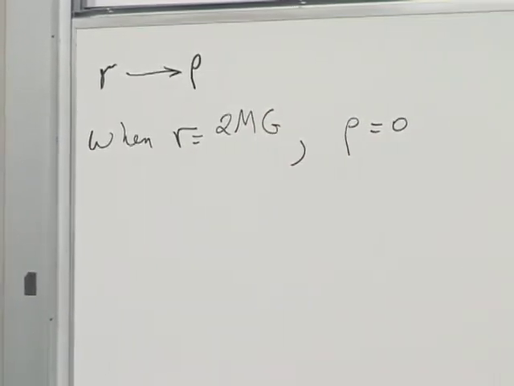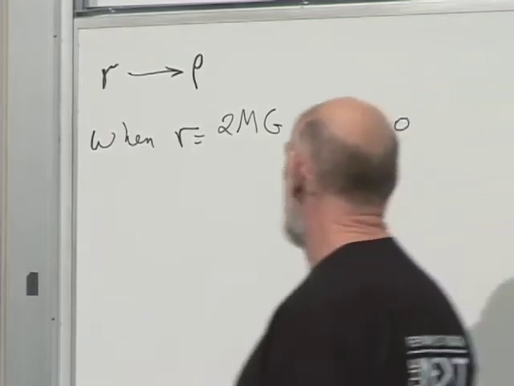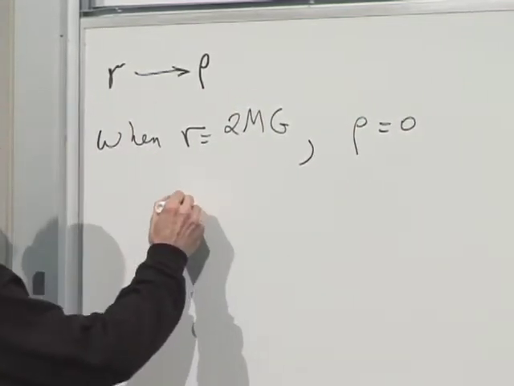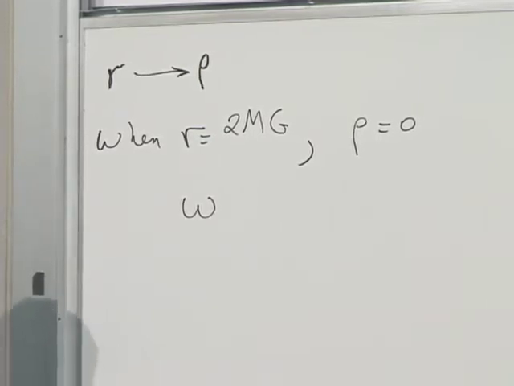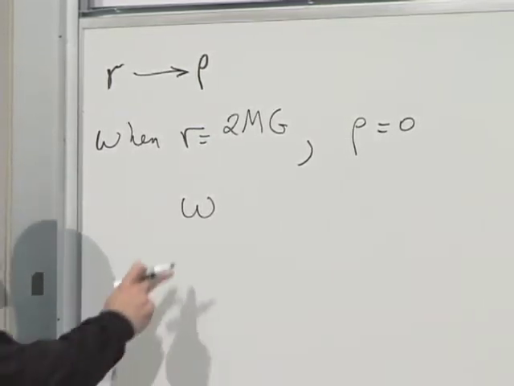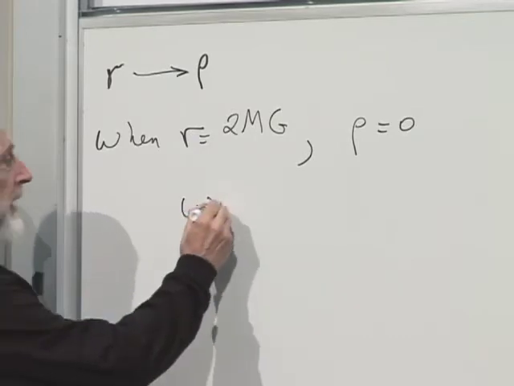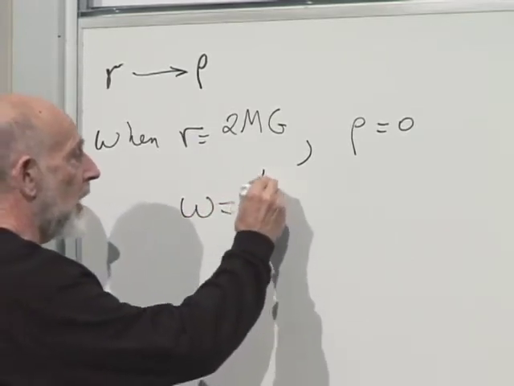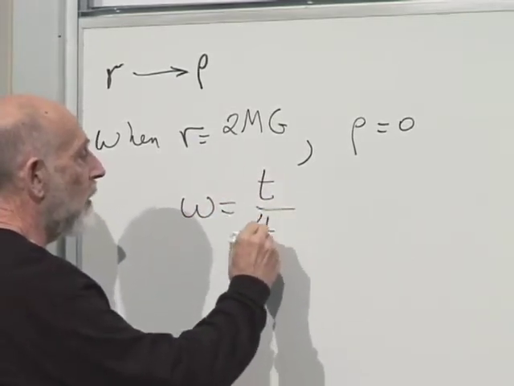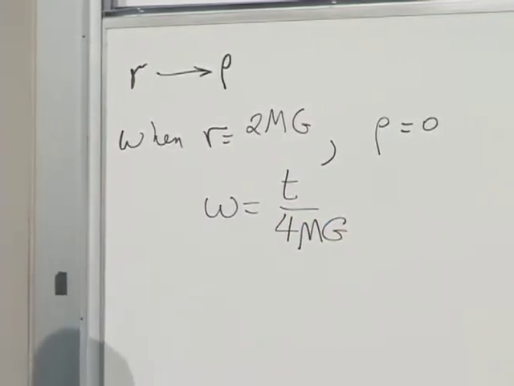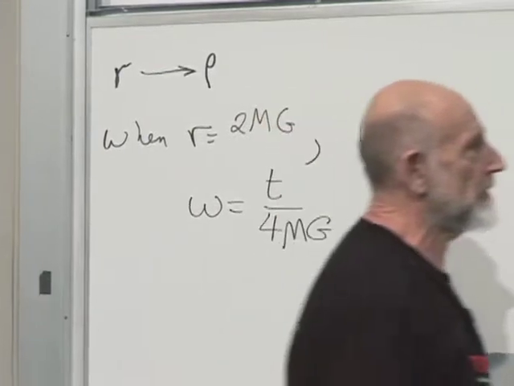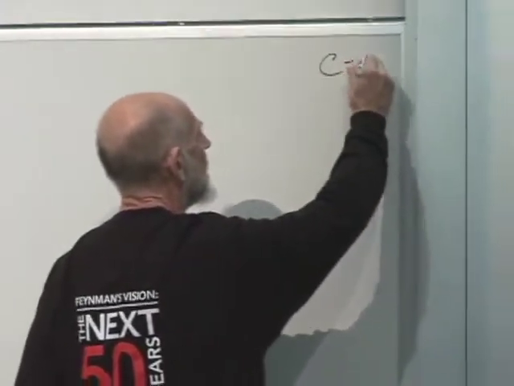Right. We also made another change of variables. Omega, which is a dimensionless time variable, is equal to the Schwarzschild time divided by 4mg. So roughly speaking, in every place here, c is equal to 1.